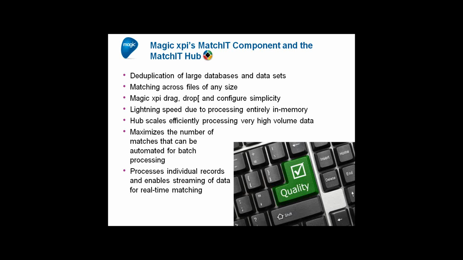So the hub scales very efficiently, processing high volumes of data, and it's going to maximize the matching that occurs in a very automated batch-oriented approach. So you can process individual records, and you can enable streaming of data for real-time matching as well, because of the combination of the integration flow with the MatchIT Hub capabilities for data quality and deduplication.